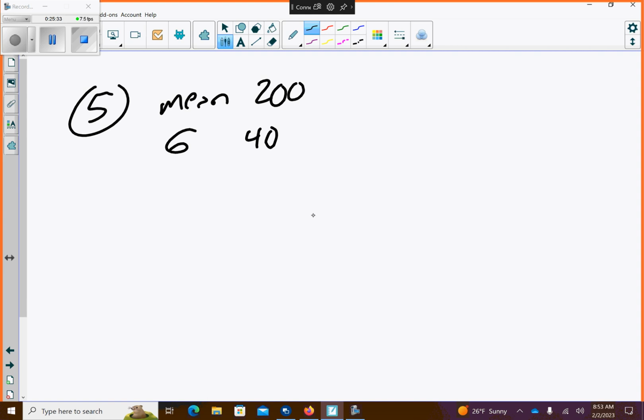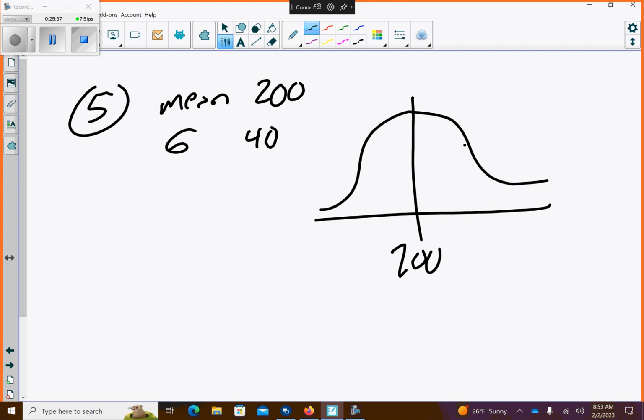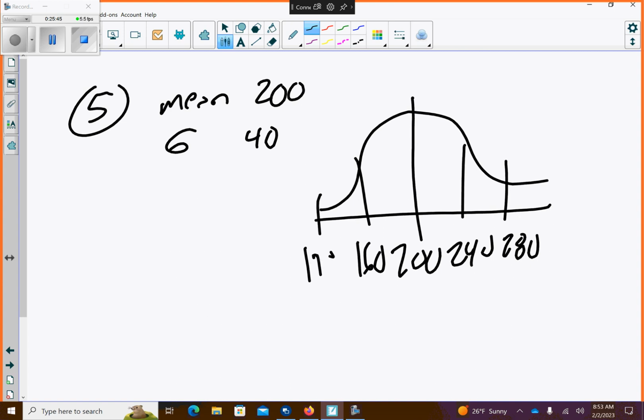So if we create a normal distribution based on this, this is just going to look like this. That's what our normal distribution is basically going to look like. So calculate the probability that an individual memory retention will score between 150 and 200.